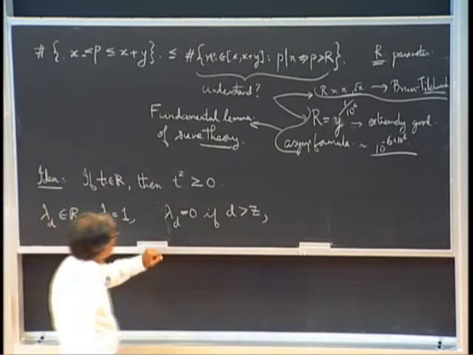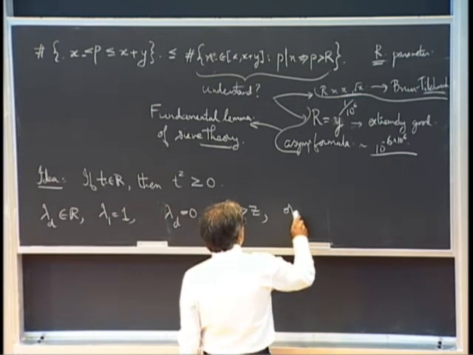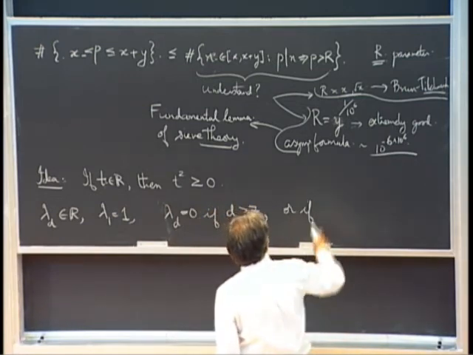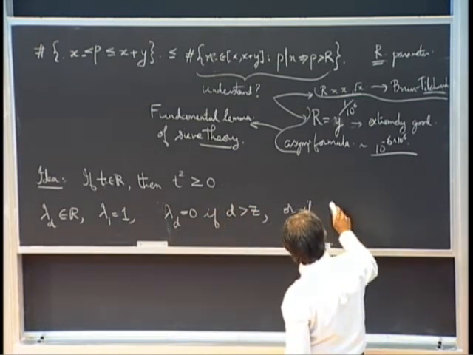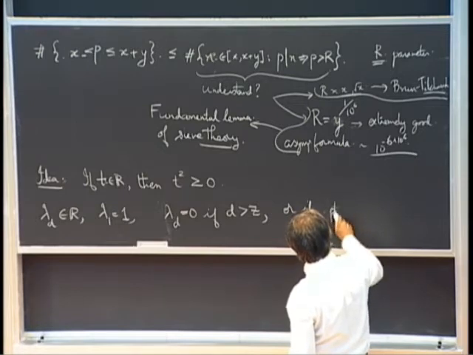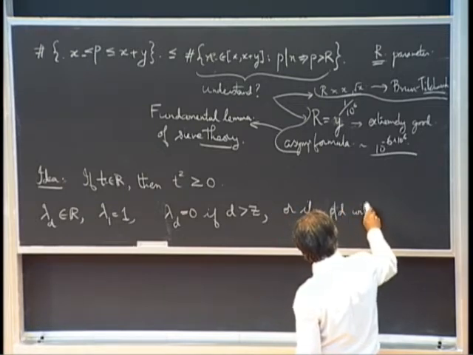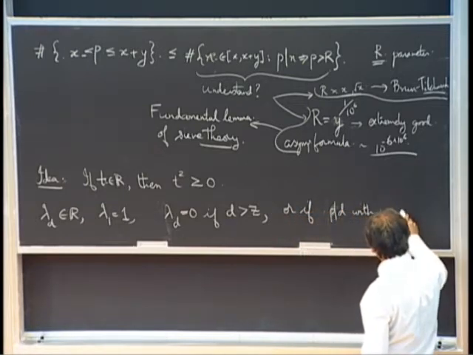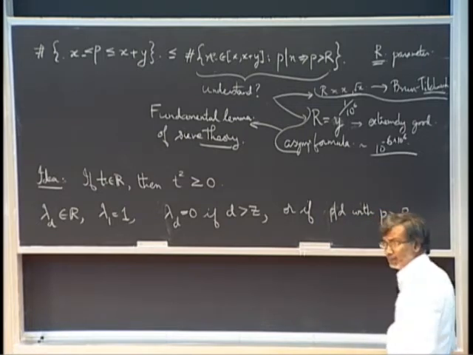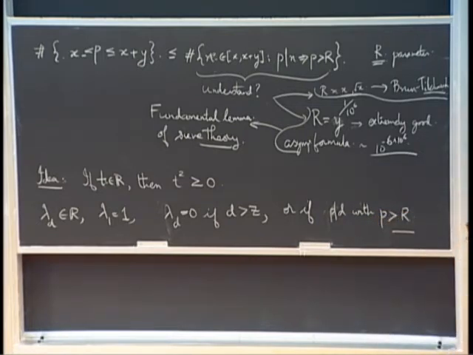And lambda of D is also 0 if D has some prime factor bigger than R. Okay? So the lambda D's are non-zero only on the numbers less than Z and on the numbers that are composed only of prime factors up to R. All right?